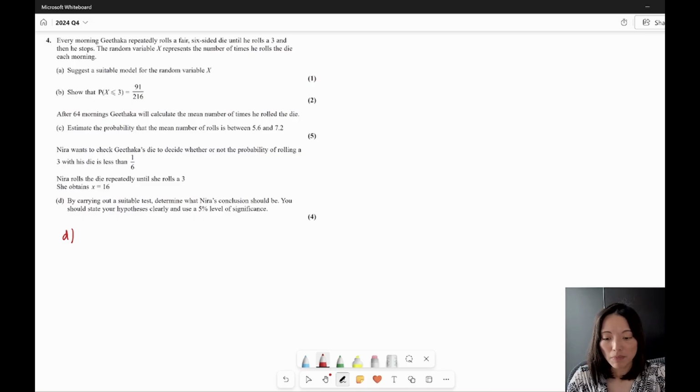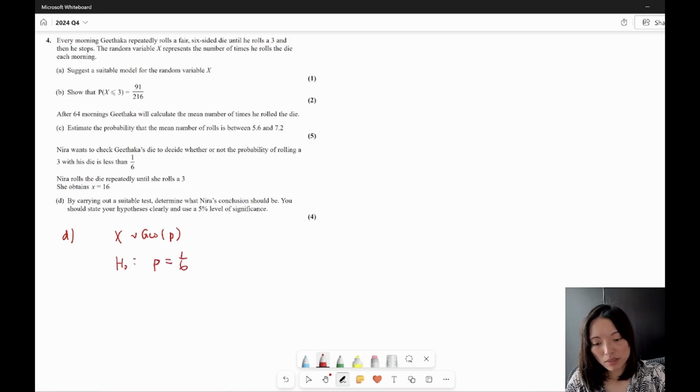Part D is asking us, by carrying out a suitable test, to determine what Nero's conclusion should be. State your hypotheses clearly and use a 5% level of significance. We need to write down our null hypothesis and our alternative hypothesis. From what we saw earlier, we assume that X follows a geometric distribution with probability of success p. Here, our null hypothesis is that p equals 1 over 6.